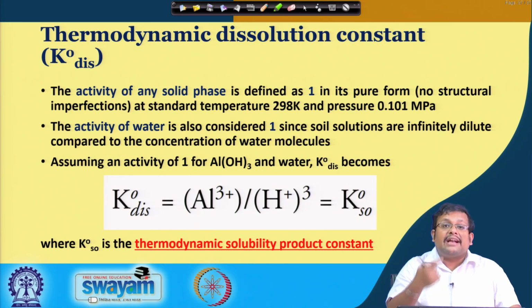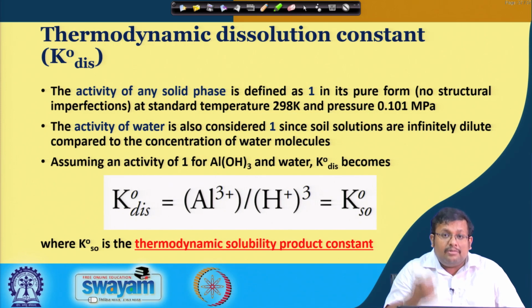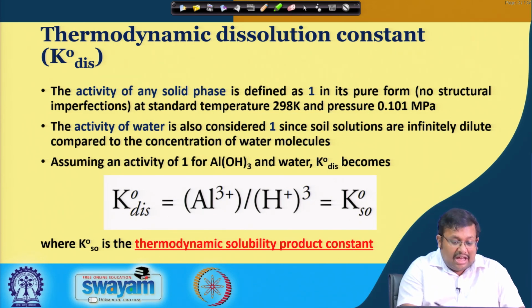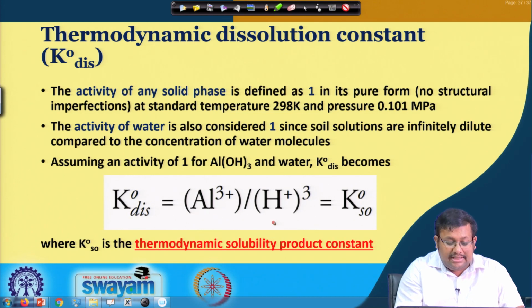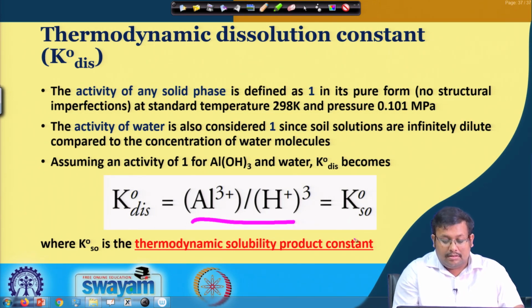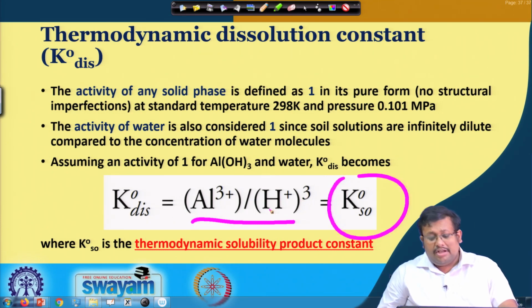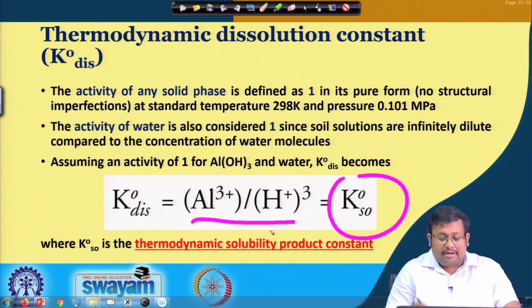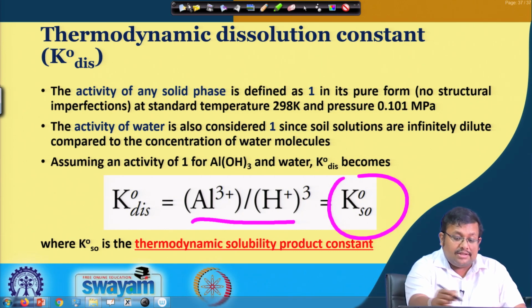So, assuming the activity for aluminum hydroxide and water as 1, this thermodynamic dissolution constant can be simplified to this. Also, this ratio is known as the thermodynamic solubility product constant.